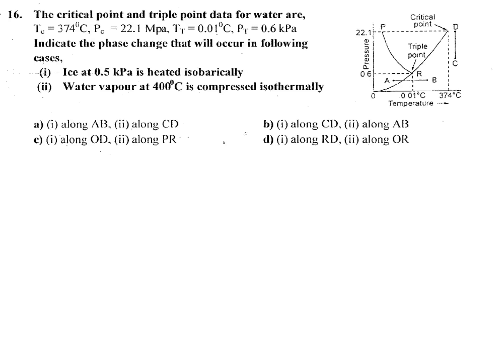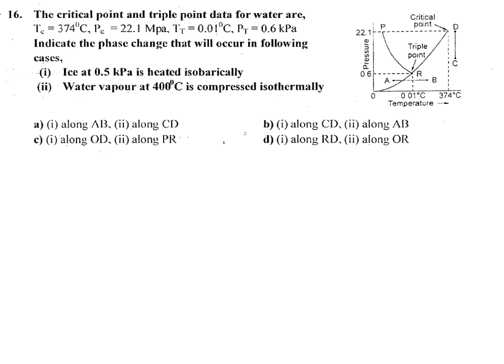The critical point and triple point data for water are: Tc equal to 374 degrees Celsius and Pc equal to 22.1 megapascal. Triple point temperature equal to 0.01 degree Celsius and triple point pressure equal to 0.6 kilopascal.